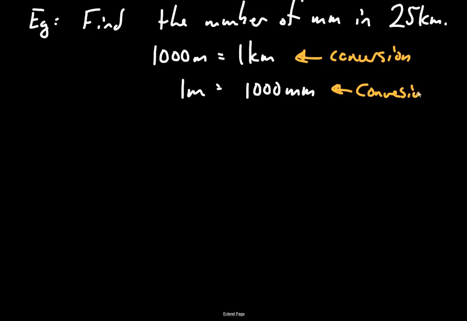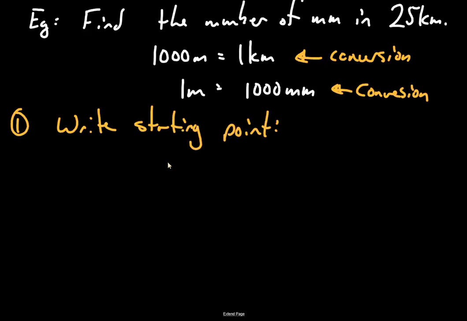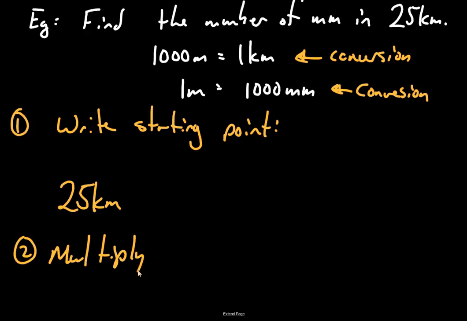And so the way I would do this method is, for step one, write your starting point. Okay, so your starting point is 25 kilometers. And then you're going to multiply by the appropriate conversion factor.